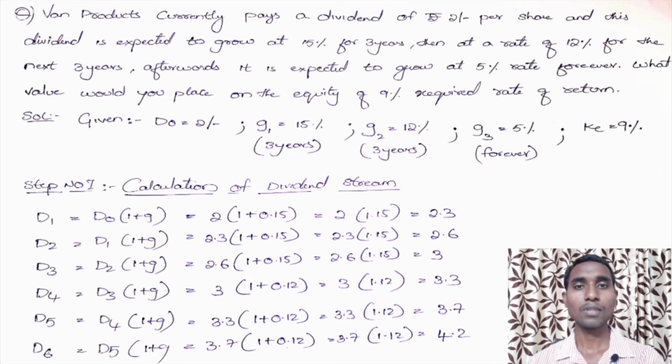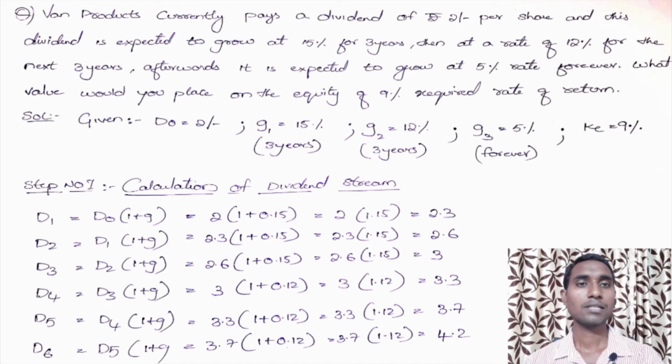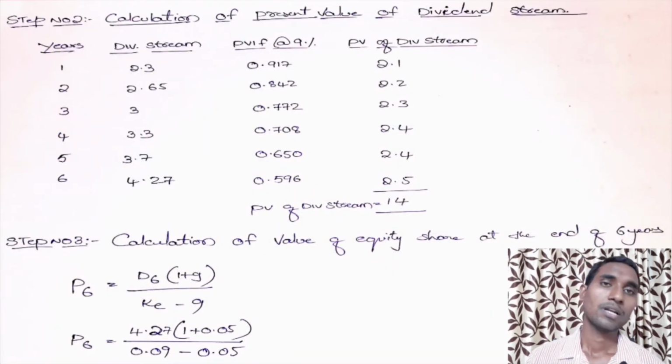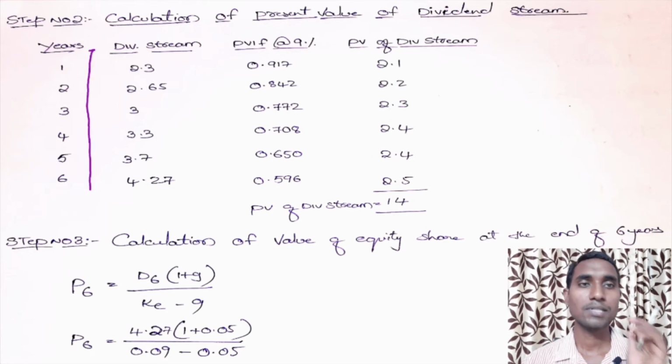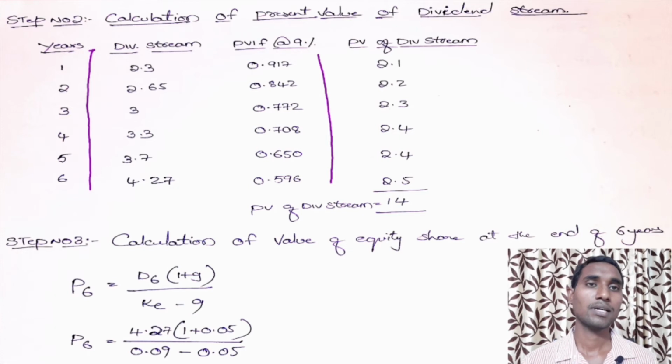Now once this is done, let us move to the second step. Step number 2 is calculation of the present value of the dividend stream. My dividend stream is for 6 years, so I have calculated the present value. The present value interest factor, as you know, we took from the A3 table values.